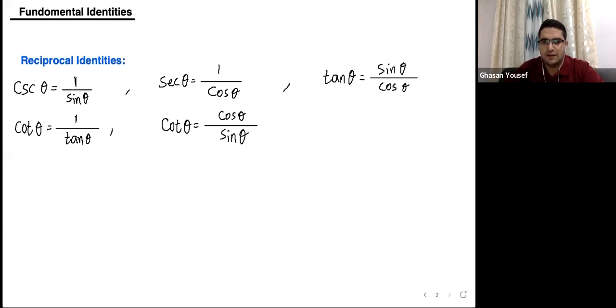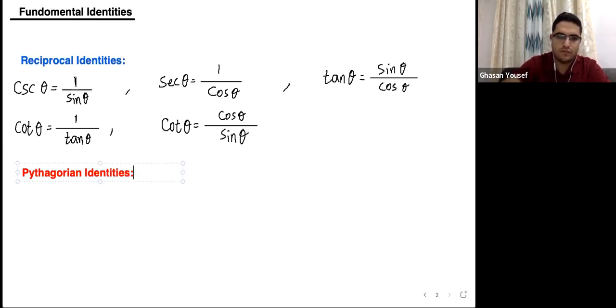The second identity is called the Pythagorean identity. For the Pythagorean identity, we have 3 identities.